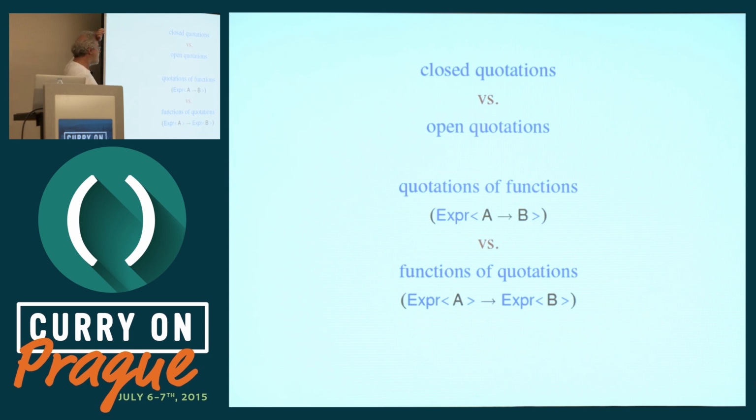And the way of thinking of this is we want to use quotations of functions, something like <x per a to b>, rather than functions of quotations, something like x per <a> goes to <x per b>. Both of these are fine. My point is the QDSL technique involves the first of these, and it's an option you should consider. Maybe it works for you.